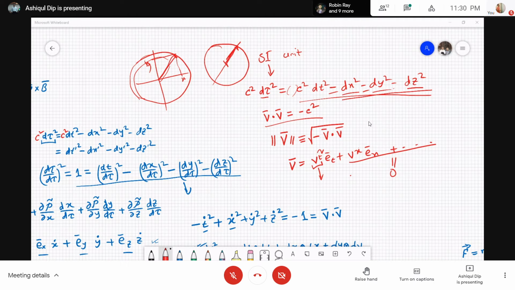Any link or something from which I can go through this tensor part more thoroughly? Sorry? Actually, I just know about the tensor which you have told us in the class. So, any link or something from which I can go through this topic more thoroughly?